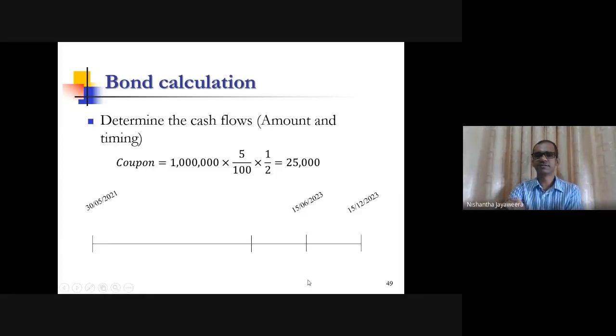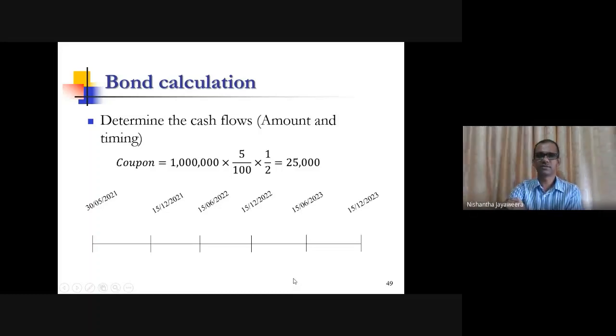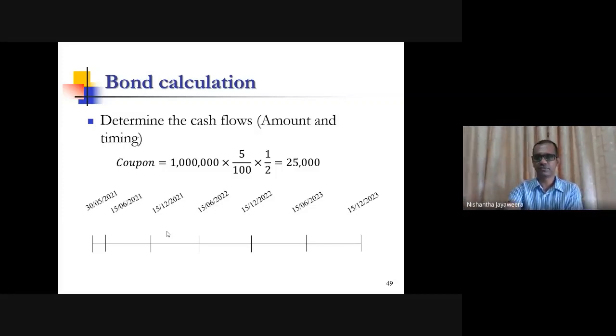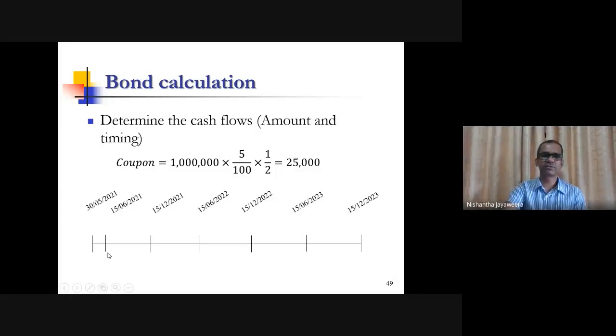So the coupon dates would be like this. 15th December 2021, and in between that, there's another coupon date. What is that coupon date? After 30th May, what is the coupon date? That's June 15, 2021. So we receive cash flows on these days.